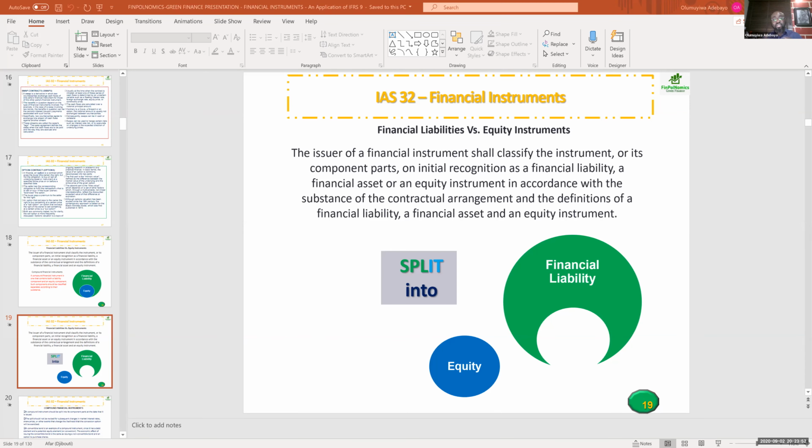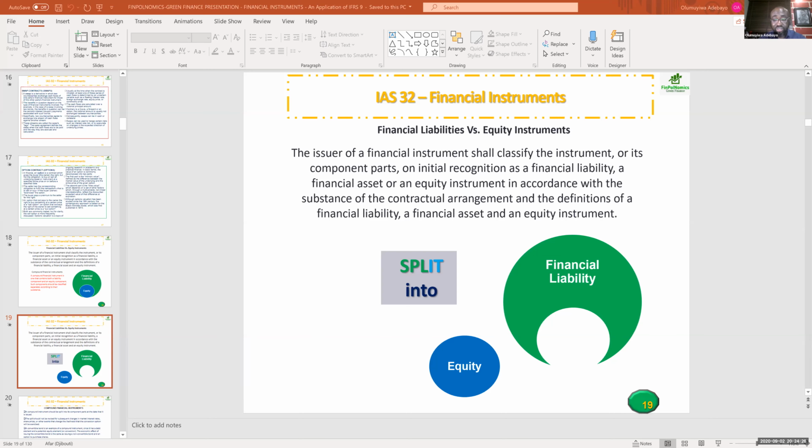Once we do that, the fourth step says that those contractual cash flows, as predetermined, we should discount them using the interest rate or the coupon rate of the straight bond, which is 12%. We'll now use that 12% to discount all those cash flows to the present. Now, remember the principle of discounting. Whenever you discount to the present, what you get is always less than the face value.